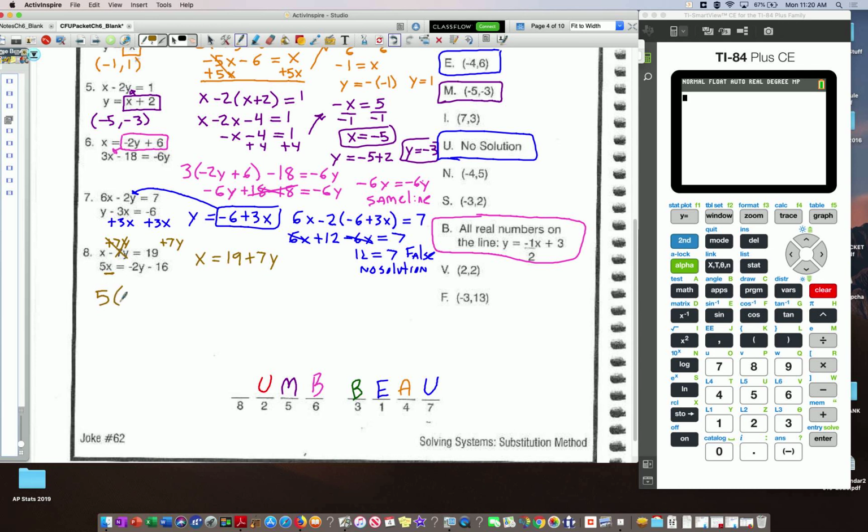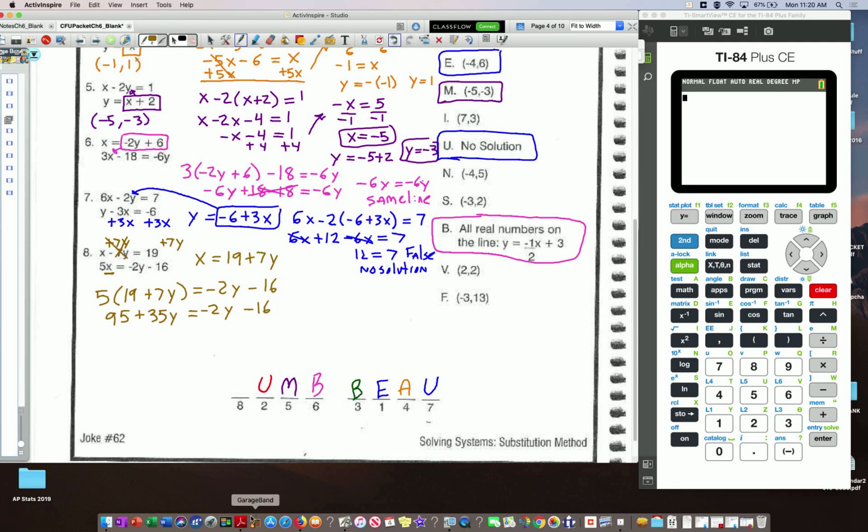So I have 5 times 19 plus 7y equals negative 2y minus 16. So I'm going to distribute here. There's 95 plus 35y equals negative 2y minus 16.